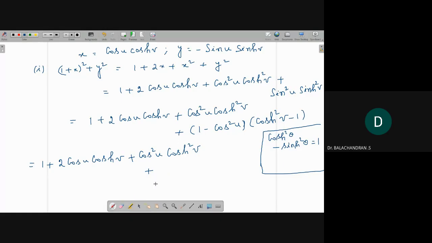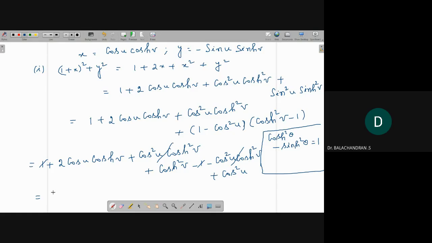We get cosh square v minus 1 minus cos square u into cosh square v, and then plus cos square u. So you can cancel this term and this term. And then you can cancel plus 1 and the minus 1. So what is remaining?